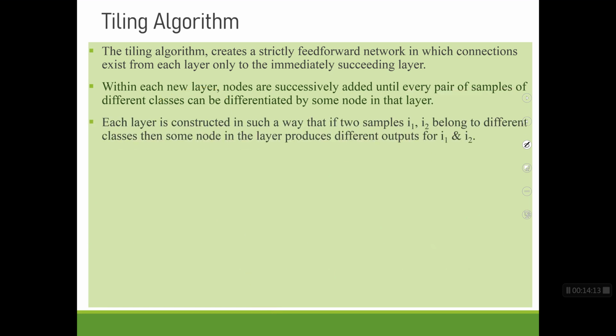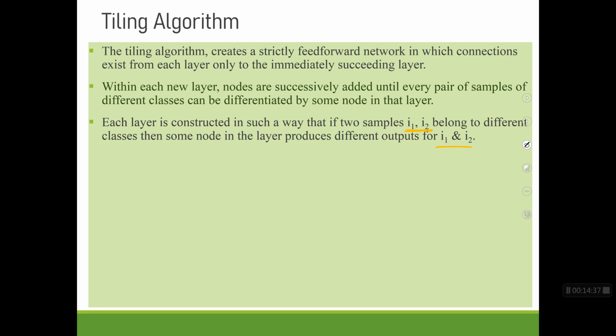So basically each layer is constructed in such a way that if two samples I1 and I2 belong to two different classes, then some node in the layer produces different outputs for I1 and I2. So this I1 and I2 are nothing but the pairs I took in the previous example. I have taken the pairs and explained that every pair should be separated.